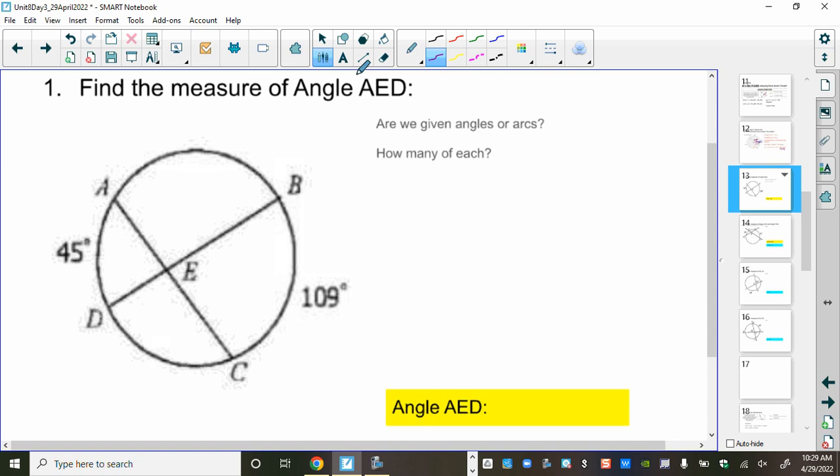Say, hey, Mr. Connors, can I use a highlighter or a colored pencil? If that's going to help you identify your angles, your arcs, what have you, I don't mind. You are more than welcome to do that. You're always welcome to use colored pencils, to use highlighters. So I think that might be an activity for us going forward.